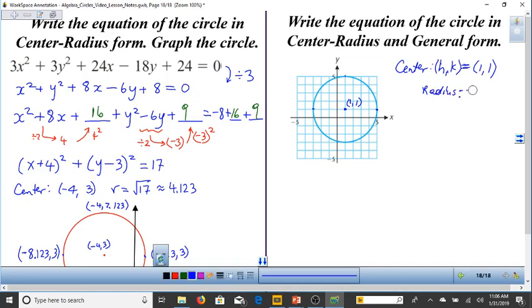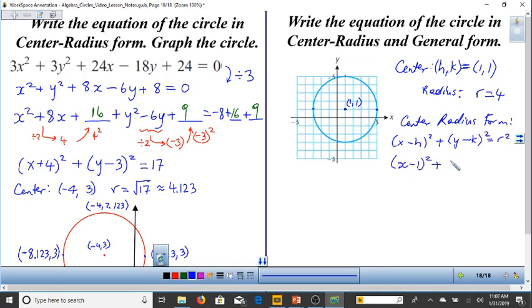And so the center radius form of the equation, of course, that comes from x minus h squared plus y minus k squared equals r squared. H is 1, so it's x minus 1 squared plus k is 1, y minus 1 squared equal to r squared, which is 4 squared, which is 16.